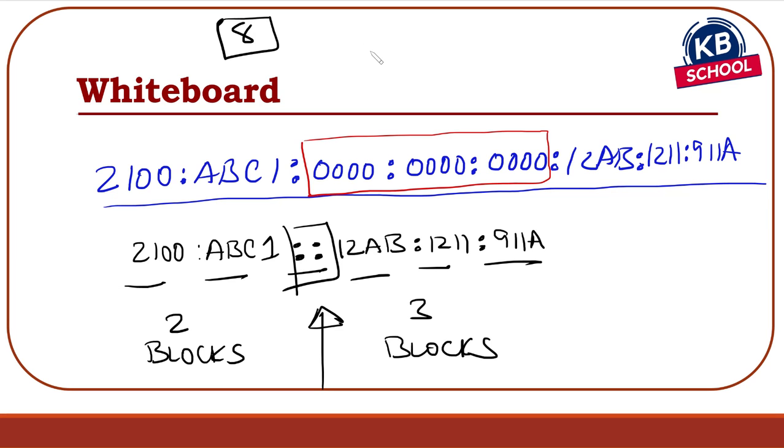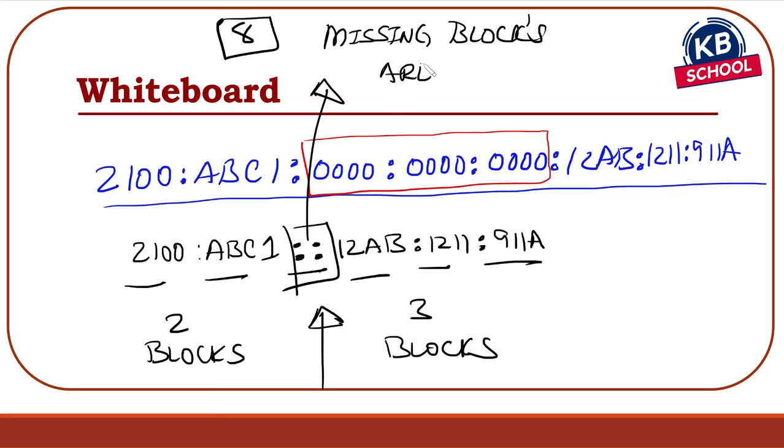Those 3 missing blocks are all zeros. So if you have the double colon, it represents the missing blocks, and all these missing blocks are going to be all 0 blocks. But you can only do this double colon once in an IPv6 address.